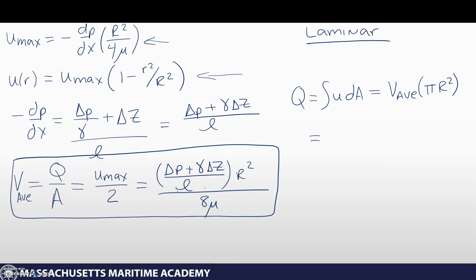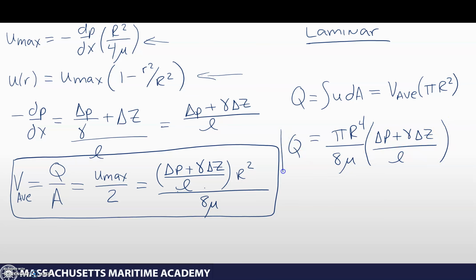If we do either of those, what we're going to end up with is pi r to the 4th over 8 mu times our dp dx, dp plus gamma dz over L. So that's a way to calculate Q.